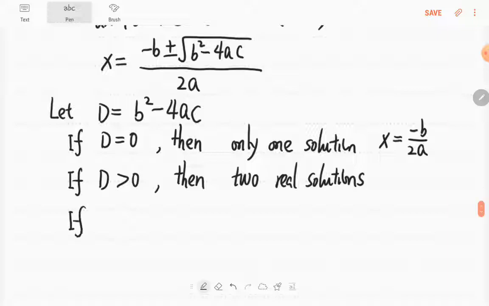If d is less than 0, the expression under the square root is negative, which doesn't make sense in our real number system. However, in the future, you will learn that if d is less than 0, then we have two complex solutions.